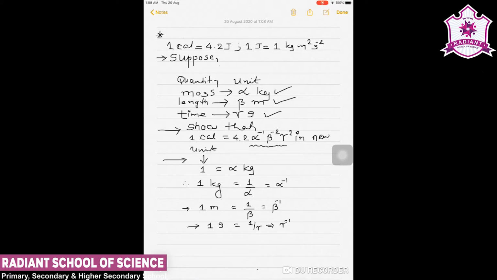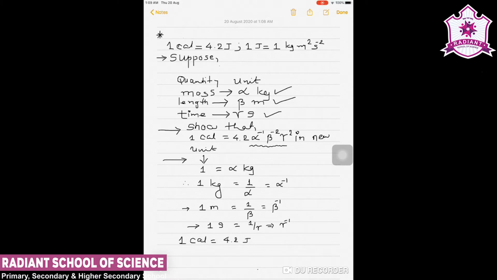So now in place of 1 kilogram we can write alpha raised to minus 1. In place of 1 meter we can replace beta raised to minus 1, and in place of 1 second we can replace gamma raised to minus 1. So now for 1 calorie, what can we write? 1 calorie is equal to 4.2 joule.